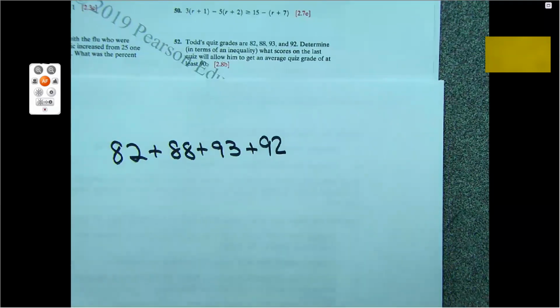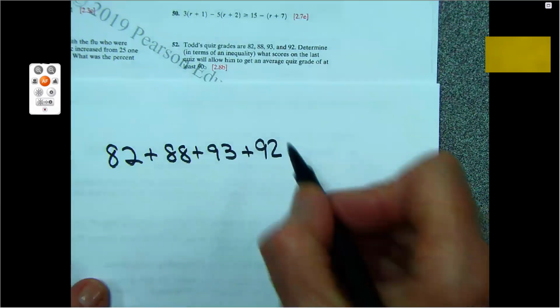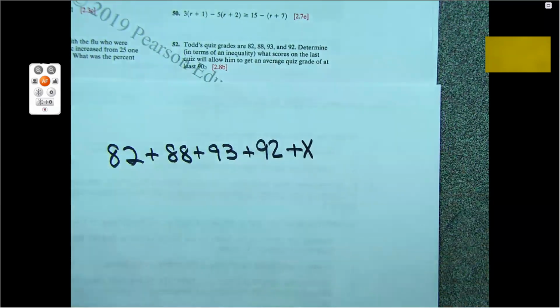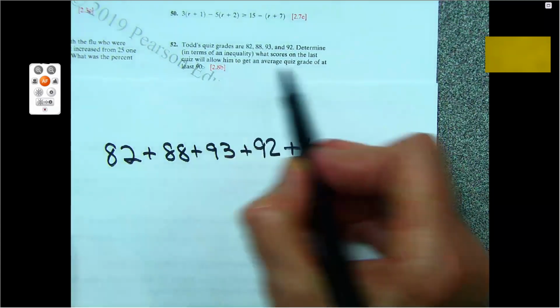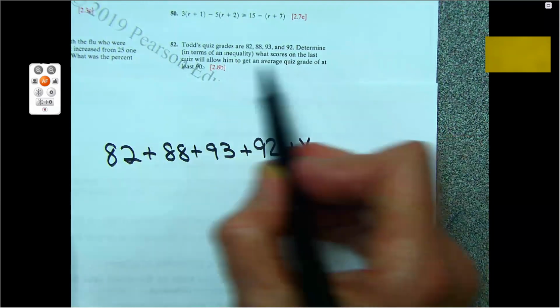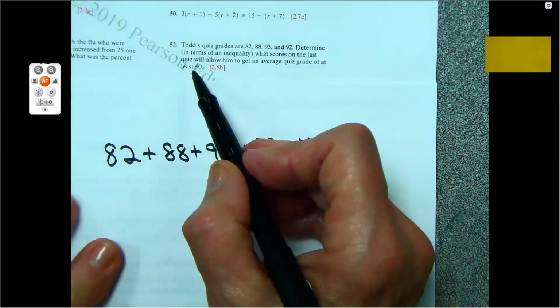So he has 82 plus 88 plus 93 plus 92, and he's going to get one more quiz grade, but we don't know what that is yet. So one more quiz score is unknown, but we know that we want it to be a grade of at least 90%.